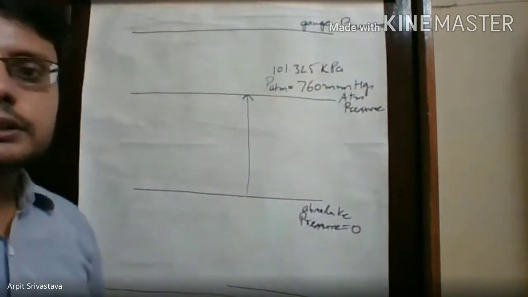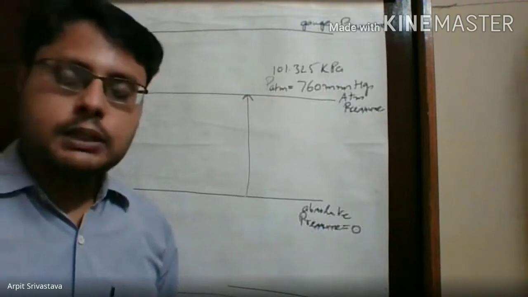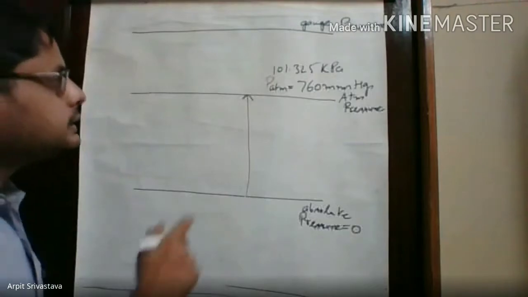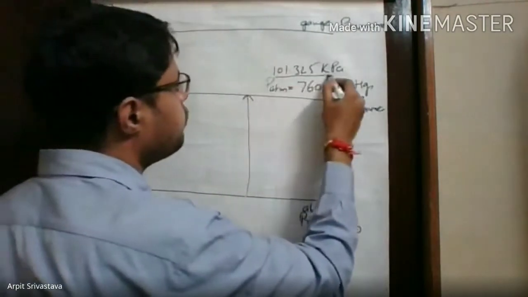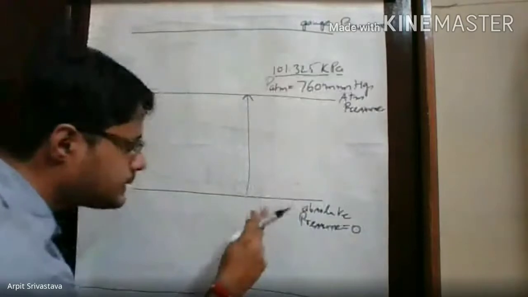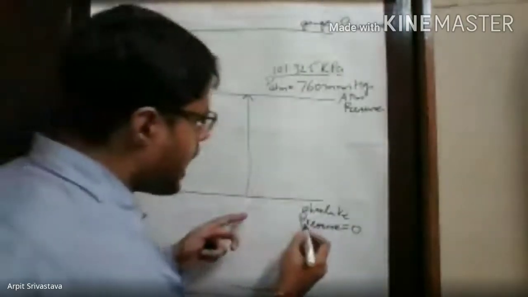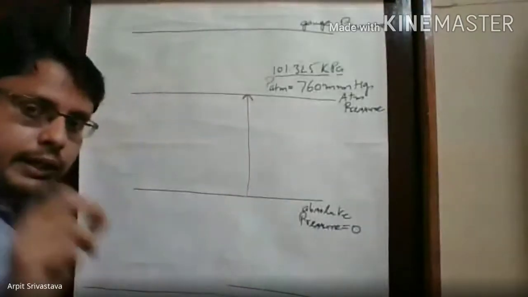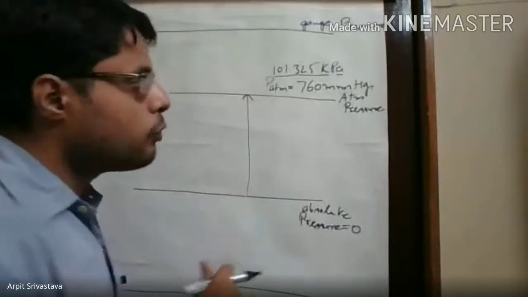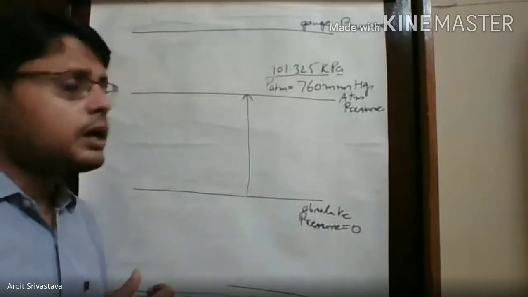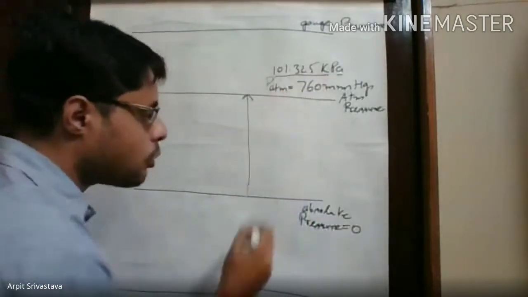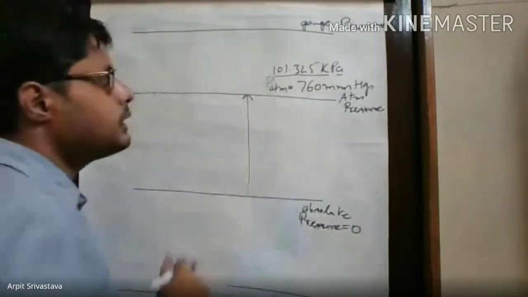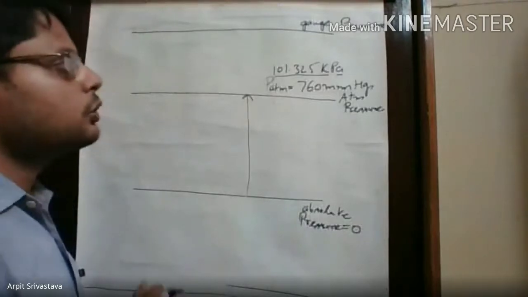We already discussed this unit kilopascal, that means kilonewton per meter square. That is the atmospheric pressure value. So this atmospheric pressure value of 101.325 kilopascal is with respect to the absolute pressure 0 line. That is the key factor: if we talk about atmospheric pressure value, it is always with respect to the absolute pressure 0 line, and its value is 101.325 kilopascal.